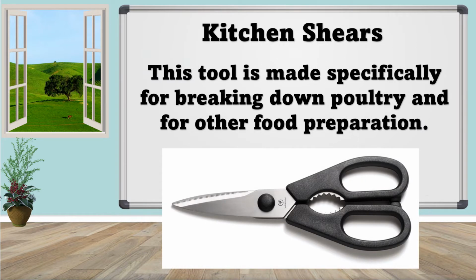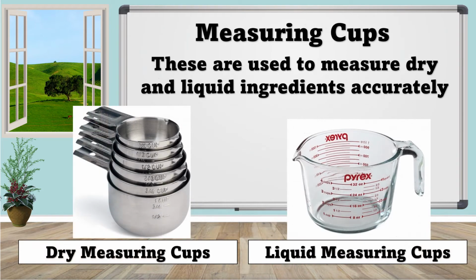Kitchen shears is a sturdy scissors made with a plastic and rubber-coated handle. This tool is made specifically for breaking down poultry and for other food preparations. Measuring cups are used to measure dry and liquid ingredients accurately. It comes in two types.